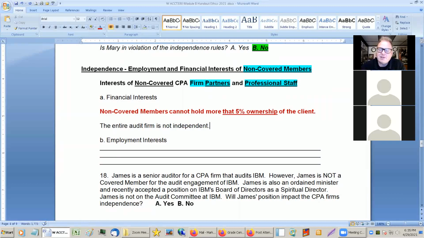Remember, the audit firm is a covered member. So the entire audit firm is not independent. It doesn't go to any individual. This could be somebody who is not related to anyone on the audit. But if they own more than 5% of the ownership of the client, they can't do the audit. The entire audit firm itself is not independent, and the audit firm is a covered member.